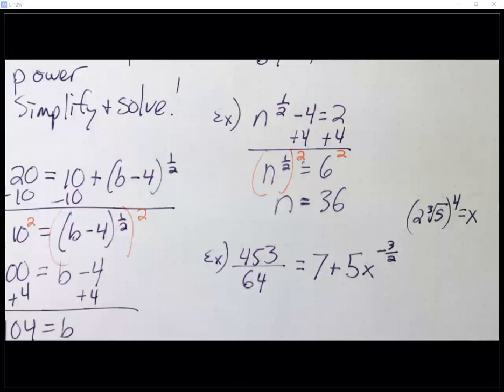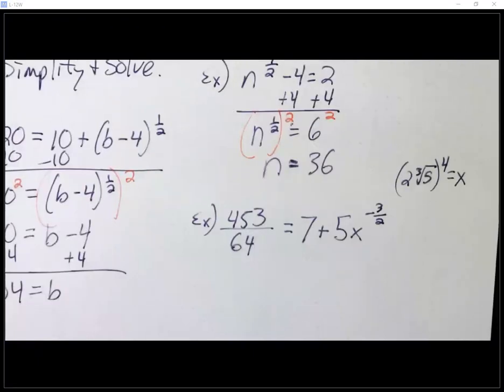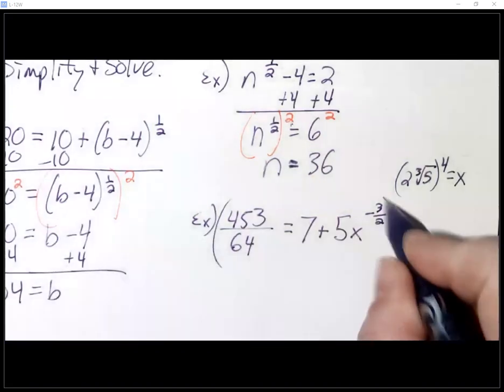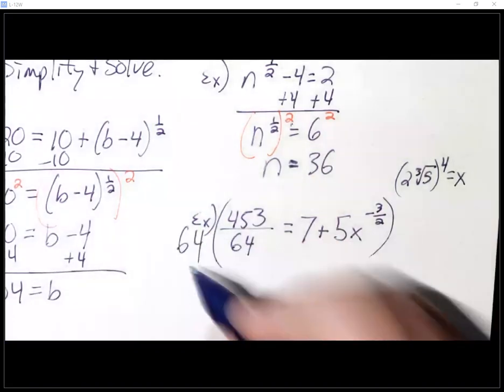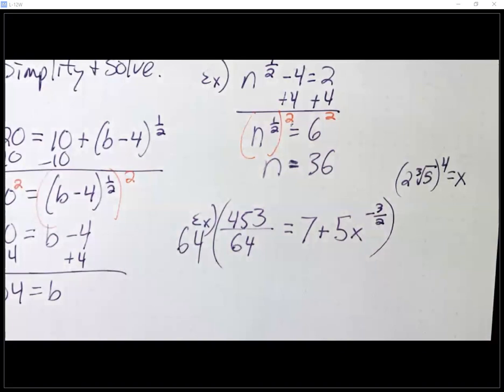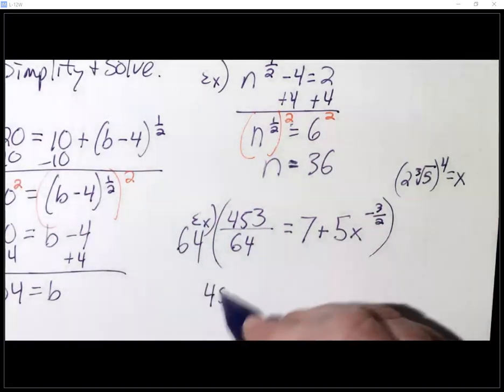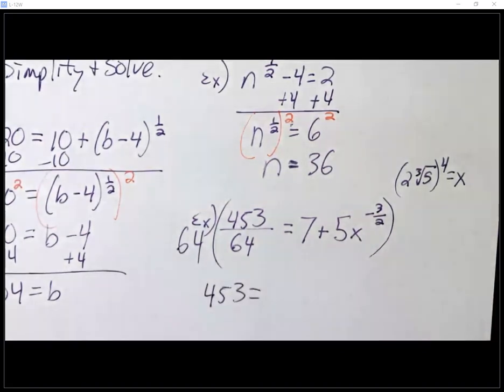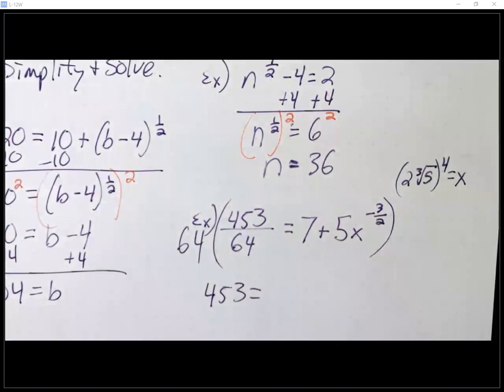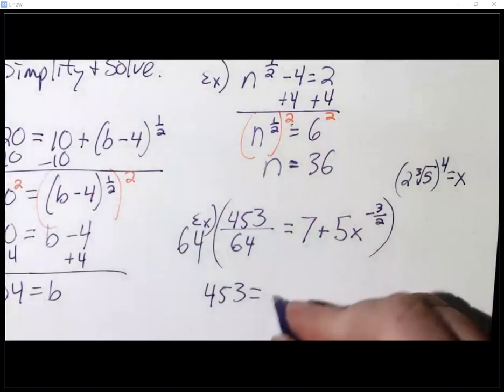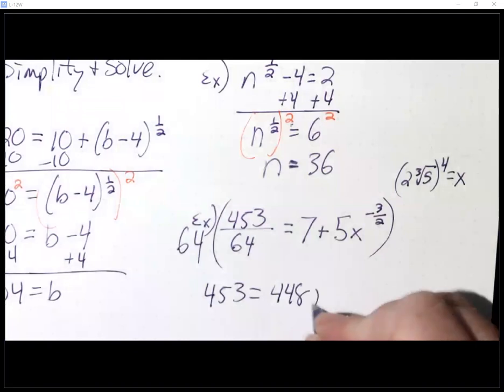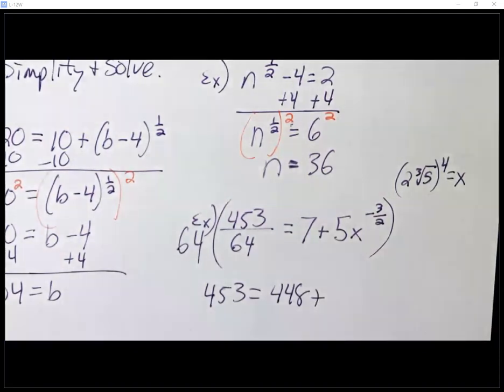All right, so let's try and make our life easier by multiplying everything by 64, just so we get rid of the fractions straight away. So that would give us 453. 64 times 7 is 448. And 64 times 5 is 320.